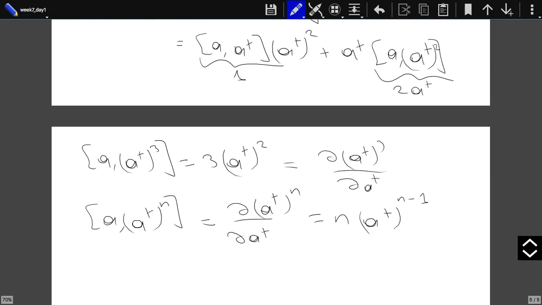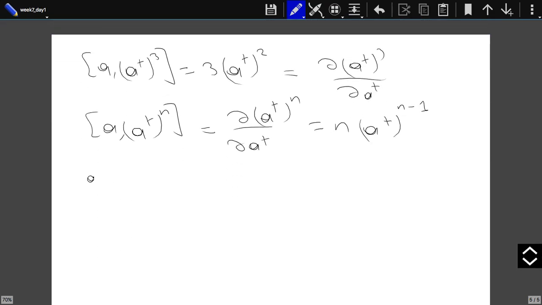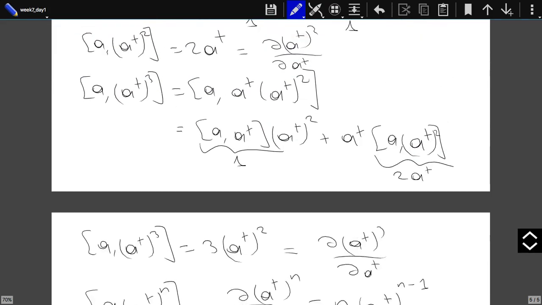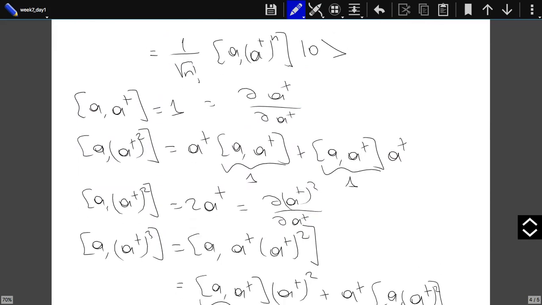What we had done up to now is, well, let's just assume that the commutator with a dagger to the power n minus 1 is equal to n minus 1 times a dagger to the power n minus 2. Well, this is definitely true for n is equal to 1. It is definitely true for n is equal to 2. It is definitely true for n is equal to 3. We had explicitly shown it over here.